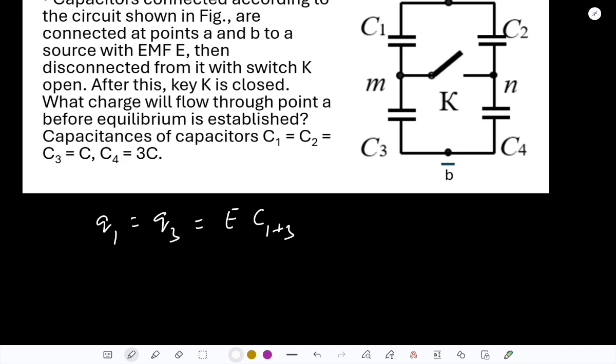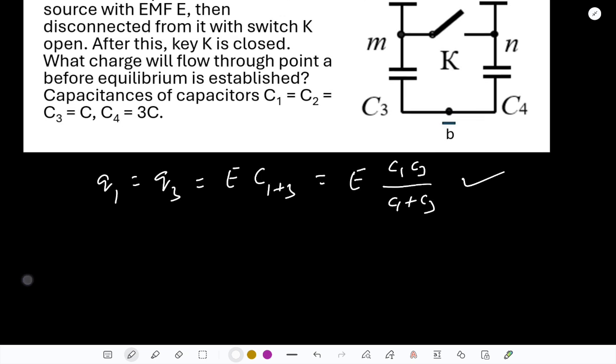Since they are in series, their equivalent capacitance I'm writing simply as C1 C3 divided by C1 plus C3, so the charge is E C1 C3 divided by C1 plus C3. So this is the charge on the left capacitors.